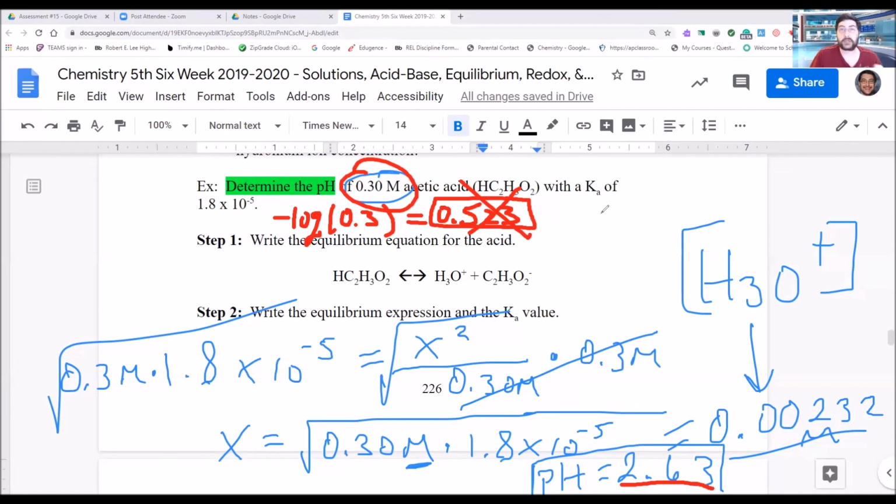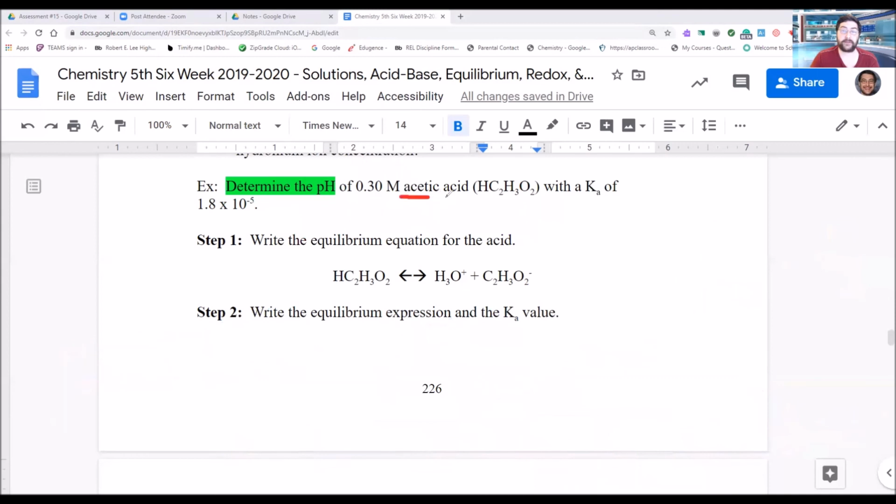Remember that hydrochloric, hydrobromic, and hydroiodic are strong acids, in addition to any acids that have two or more oxygens than they have hydrogens. If you have an organic acid, in other words, an acid that's got carbon in it, then that's a weak acid.